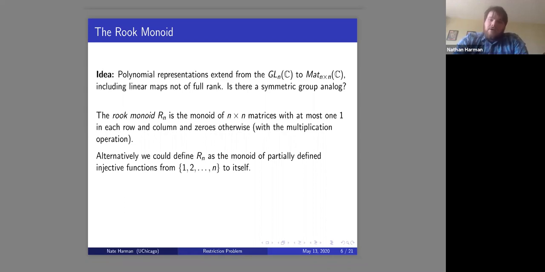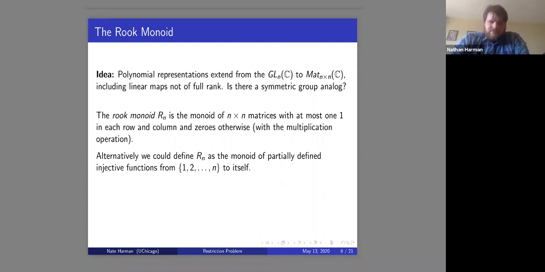If you try to compose these, maybe your first map sends an element somewhere, and then the second map doesn't send that thing anywhere. So the composition would just not send that first element anywhere. And that is exactly what goes on in terms of this matrix definition as well.